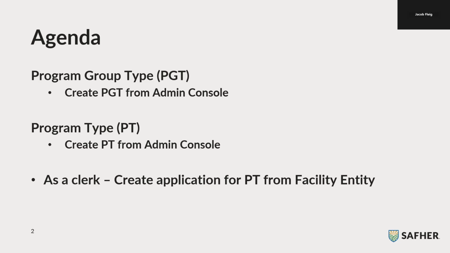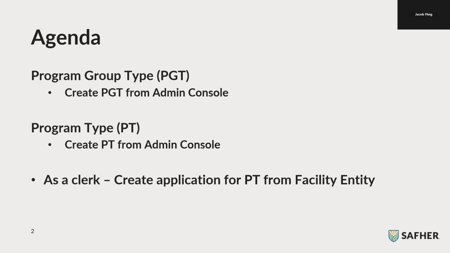The next thing we're going to do then is create a program type from the admin console. And the program type, if you remember, is that license, permit, registration, certification that we have. So for a given program group type or program, say animal feed, we would have a license associated with that.